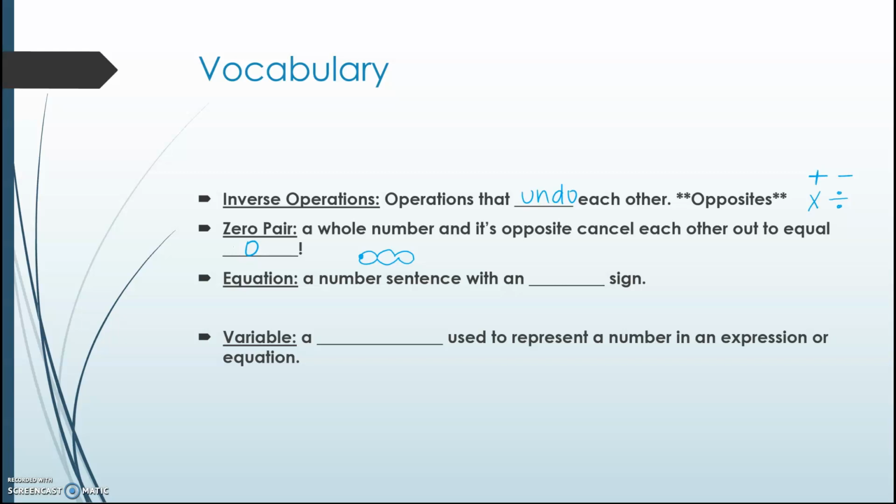An equation is a number sentence with an equal sign. And a variable is a letter that is used to represent a number in an expression or equation.